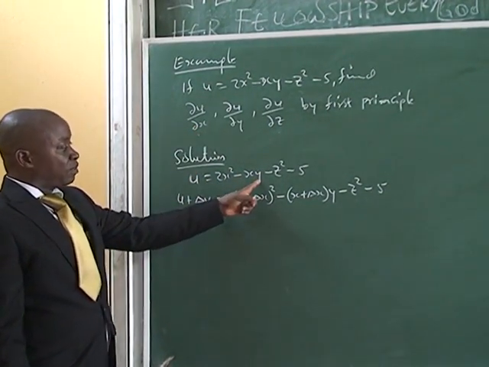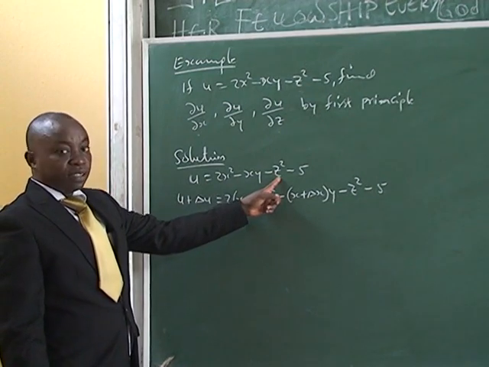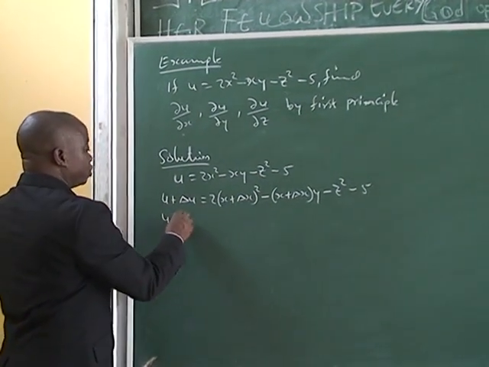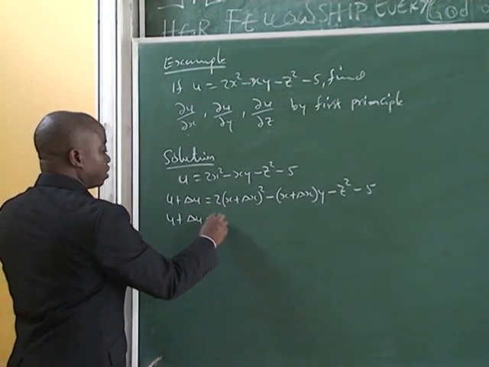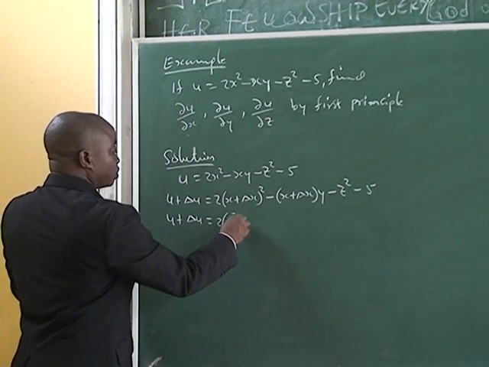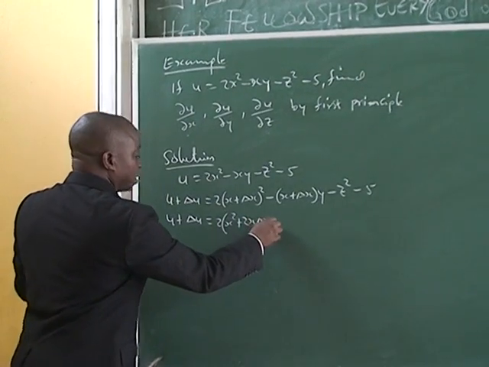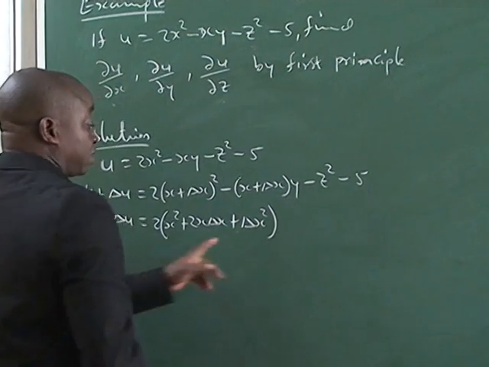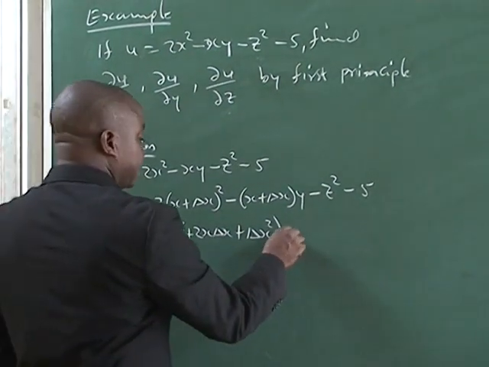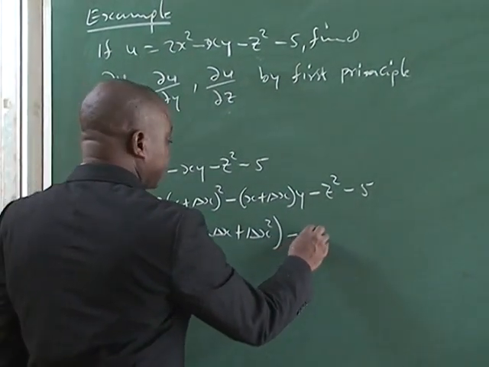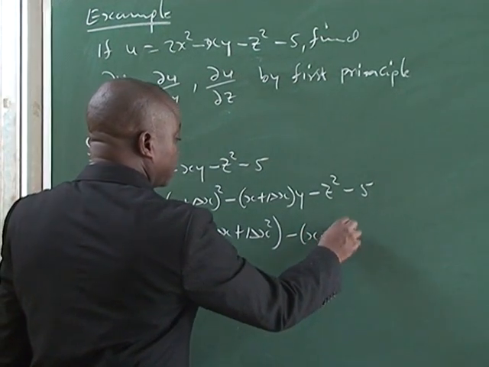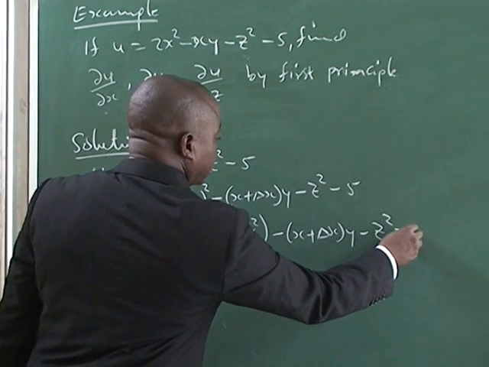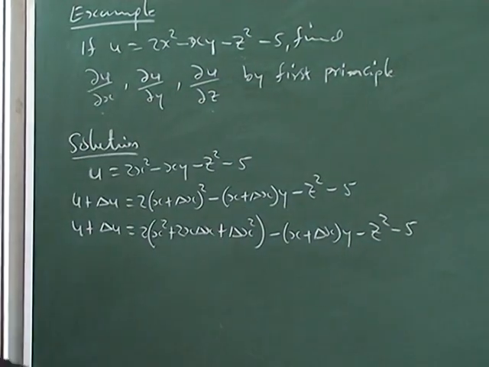Change does not occur in y. Change does not occur in z. Now we will have change in u will be equal to x squared plus 2x change in x plus change in x squared minus x plus change in x times y minus z squared minus 5.